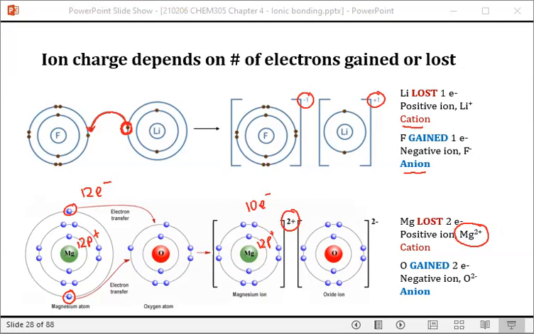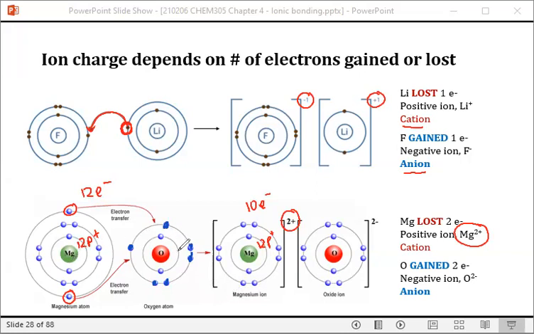Oxygen is in group 6A of the periodic table, which means it has 6 valence electrons: 1, 2, 3, 4, 5, 6. To get to 8, to meet the octet rule, to have a full octet and be in a more stable state, it needs to gain 2 electrons.